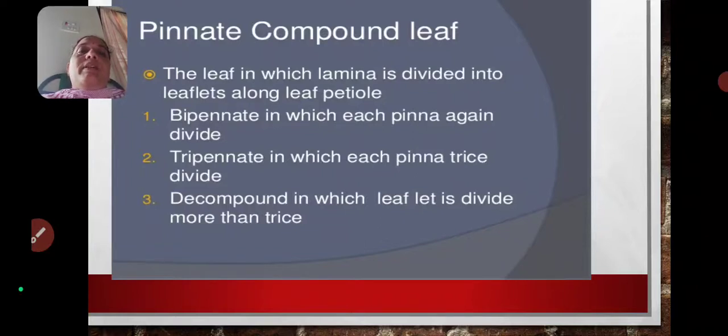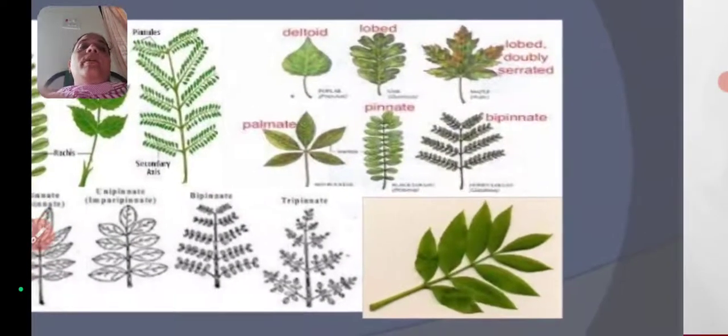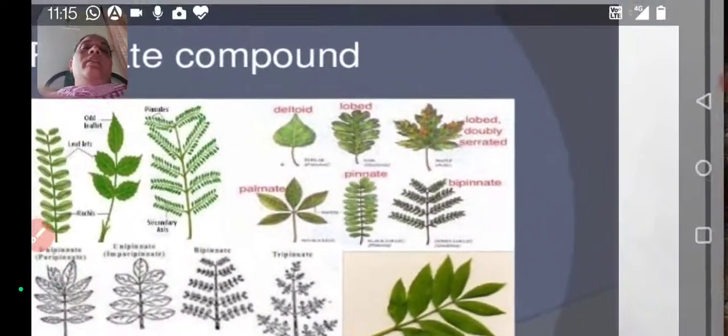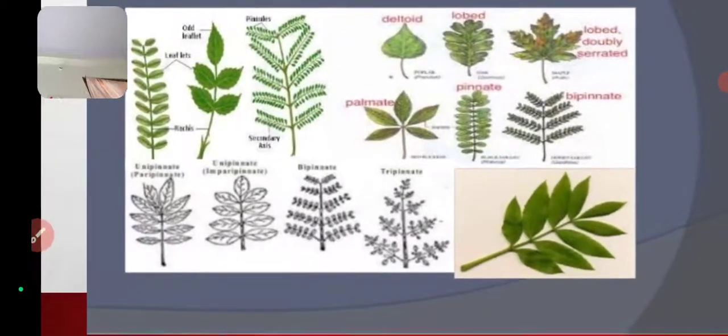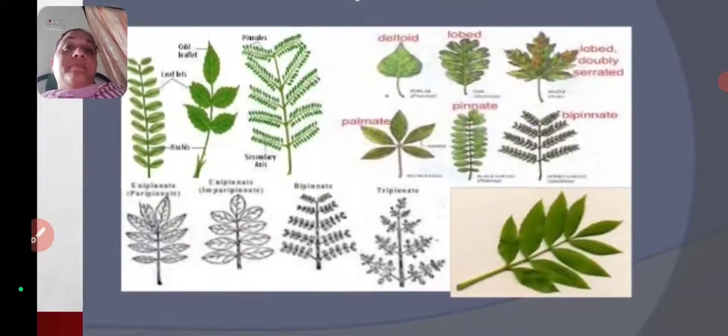Here different types are there: bipinnate, tripinnate, and decompound, in which the leaflet is divided more than thrice. So bipinnate and tripinnate leaves are here. Pinnately compound leaf is like this. This is a compound leaf. Observe the drawing and tell me.